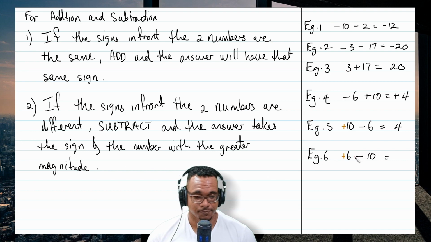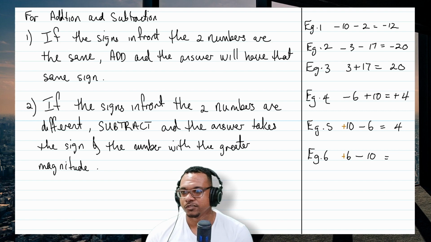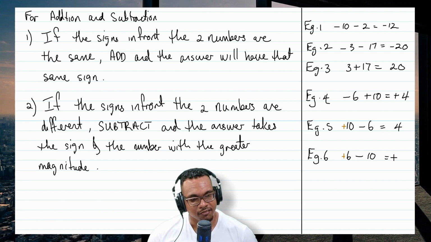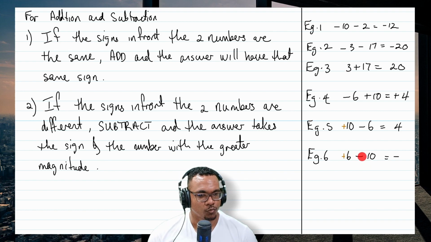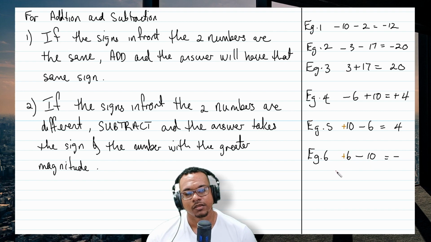So I'm now going to subtract. I ask myself, which one has the bigger magnitude? 10. Was the sign in front of it? Negative. So I know immediately that my answer will have a negative sign. Because these two signs are different, one negative, one positive, I will subtract and get a negative answer. So 6 from 10 is 4, and that's why I get negative 4.